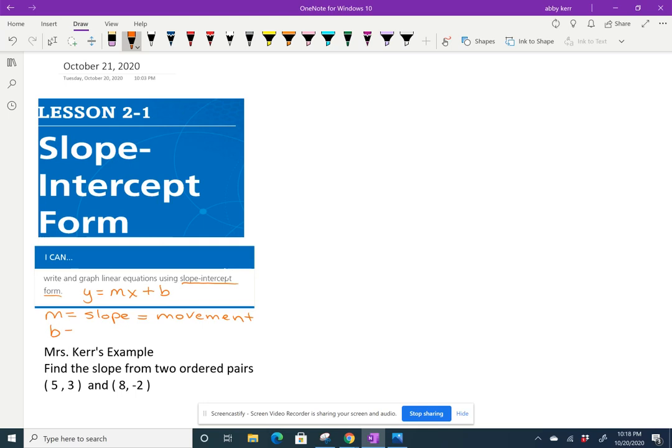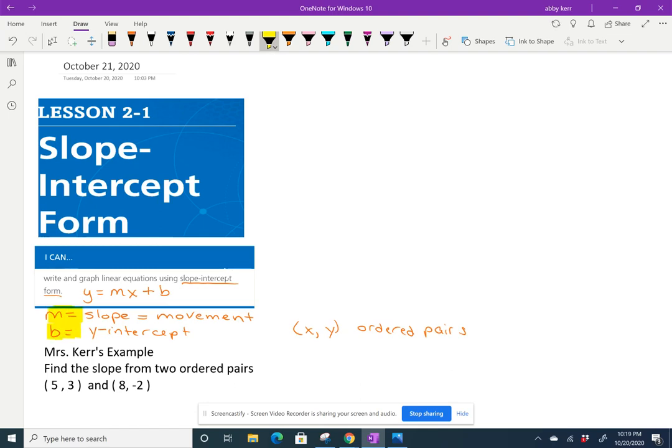And then the b stands for your y-intercept. And then the x and y are just ordered pairs. So we are going to concentrate on our m's and our b's.